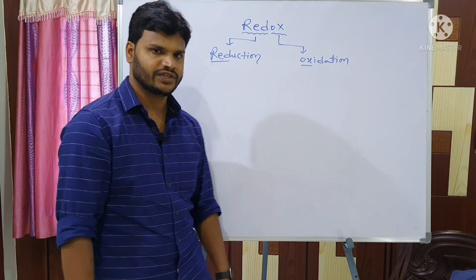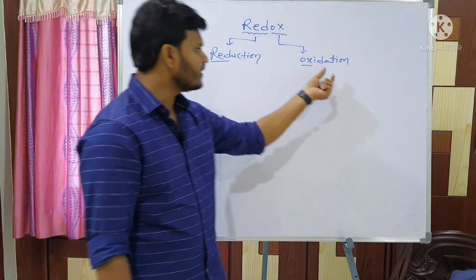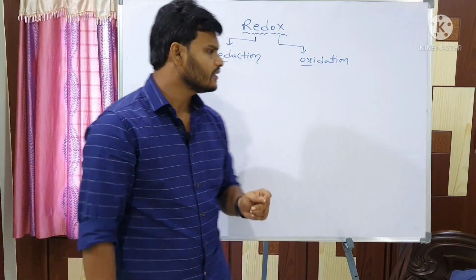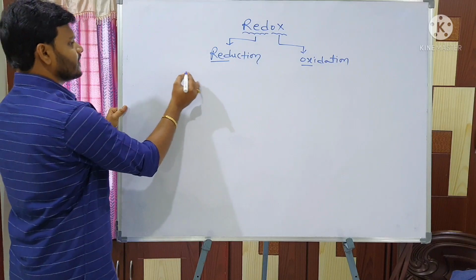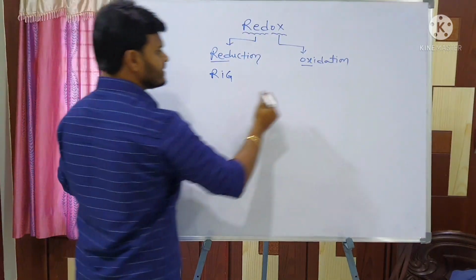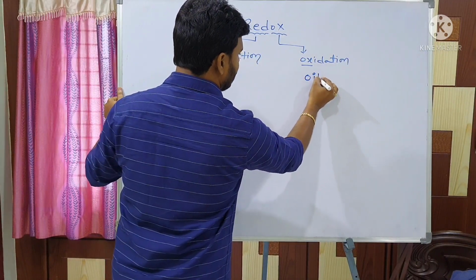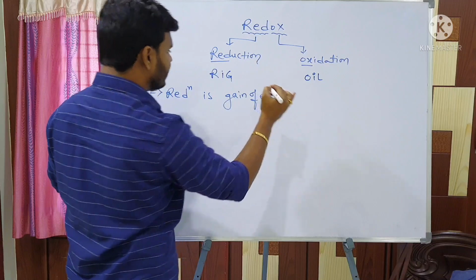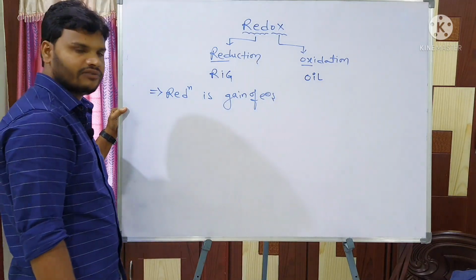Clear na students? So what is reduction and what is oxidation? What is the basic difference between these two? So reduction is nothing but the technique RIG, oxidation is nothing but the technique OIL. So what is the meaning of RIG, dear students? Reduction is gain of electrons.